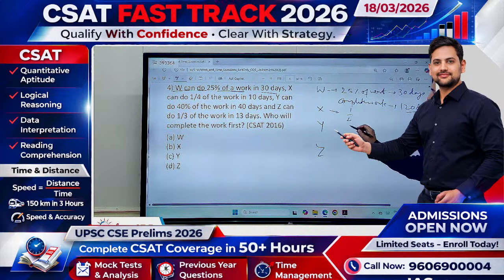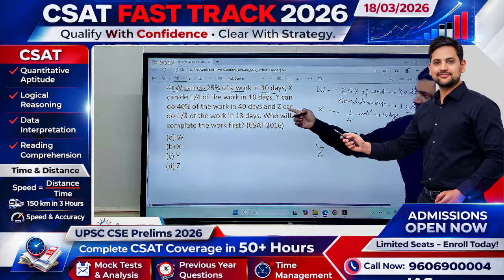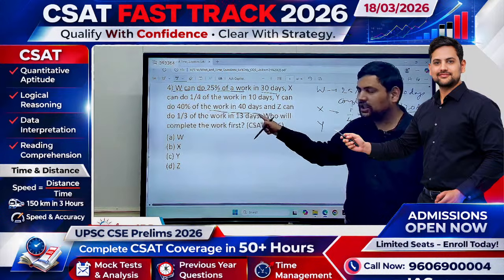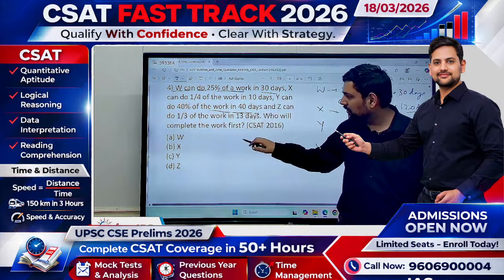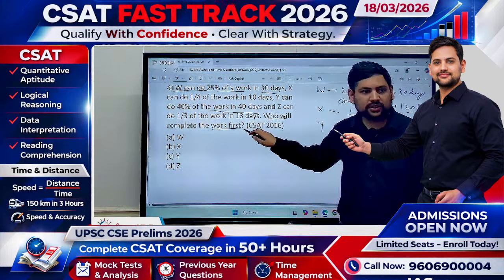X is doing again 1/4 of work in 10 days. So from this you can get again 40 days. Then similarly, Y can do 40% of the work in 40 days. So it will be something more than 40 days. Ultimately, what you want is who will complete the work first.